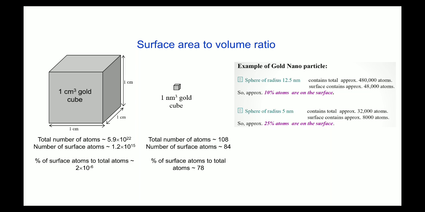If the material is already in the nano range, will the size still matter? Of course, yes. Simply see the example of gold nanoparticles. We are taking two spherical gold nanoparticles. One has a radius of 12.5 nanometer, and the second has a radius of 5 nanometer.